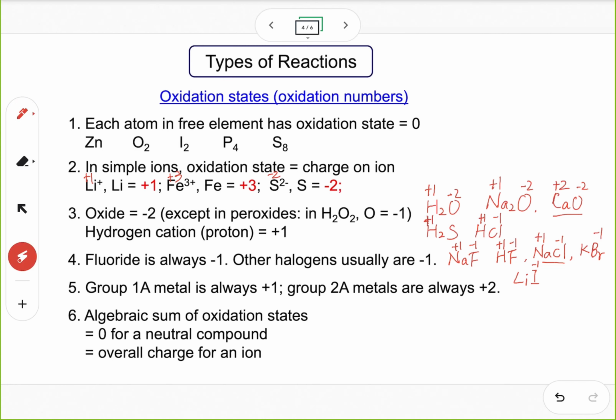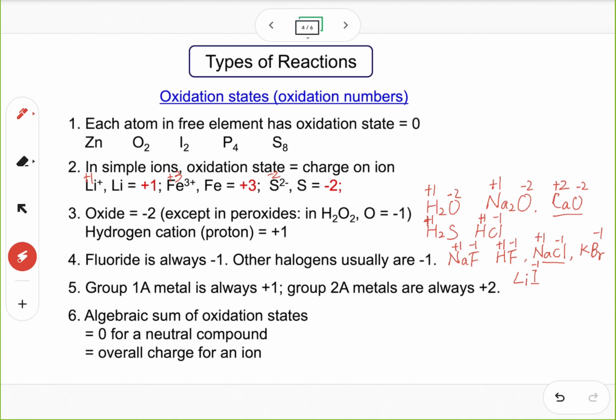It's because group 1A metals always lose 1 electron to satisfy the octet rule. Group 2 metals always lose 2 electrons to satisfy the octet rule. So that's why we can assign +1 for group 1A metal cations and +2 for group 2A metal cations.